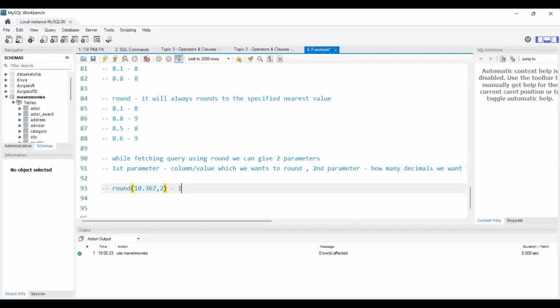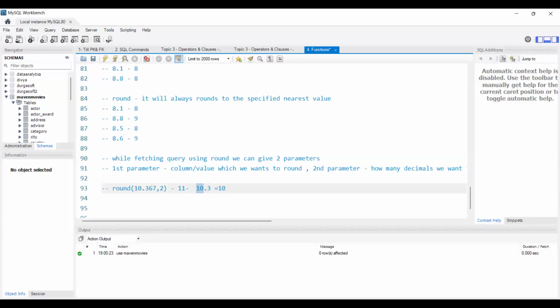Sorry, my answer will be like 11, right? Because I want to round it to two decimals, that is 10.36, correct? If I say I want to round 10.3, my answer will be 10 only, correct? Because after the decimal my digit is less than 5, so I will round it to the previous value only, 10.